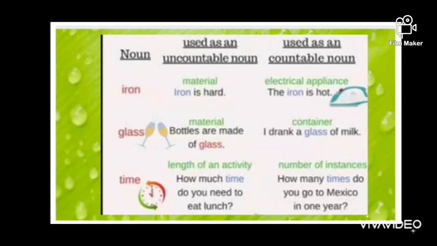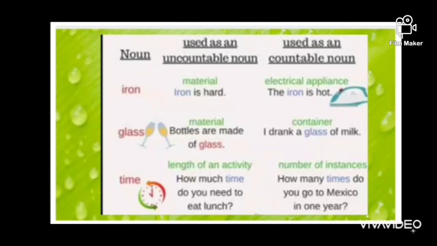Some nouns can be both countable and uncountable, but their use is different. Let's see some examples. Iron is a noun. Material. In the first sentence, iron is hard.